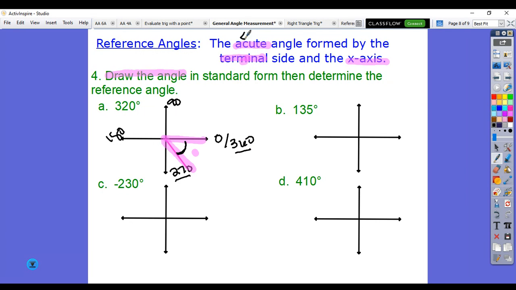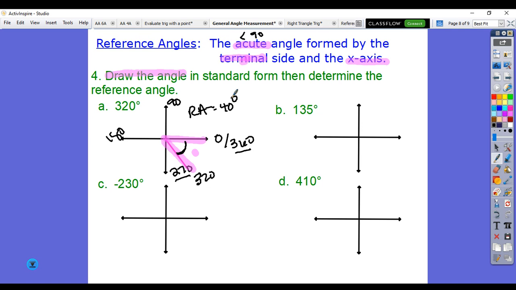Acute means less than 90 degrees. Okay. What's 360 minus 270? Oops, this is not 270. This was 320. My bad. Okay, this is 270. The angle here is 320. This angle here is 360. How many degrees are in between? We just subtract. When you're in the fourth quadrant, you just subtract from 360. My reference angle is 40 degrees.